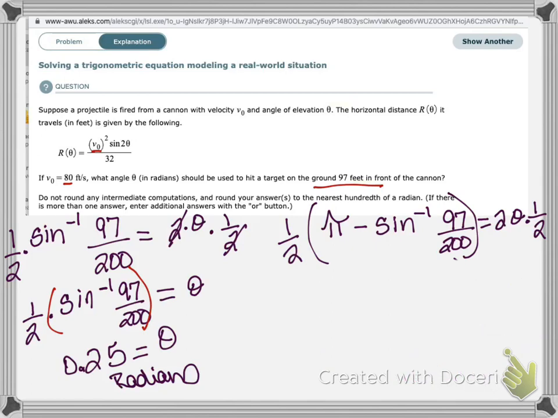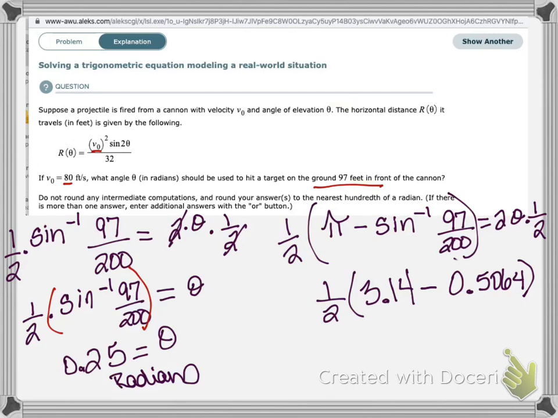Okay, so we've got our 1/2. We know that pi is approximately 3.14, and we know that the sine inverse of 97 over 200 is approximately 0.5064. Remember, we're still talking about approximations here, so it's better not to round until the very end.